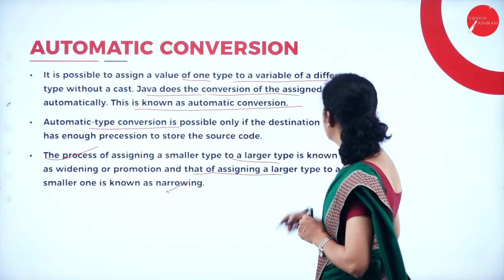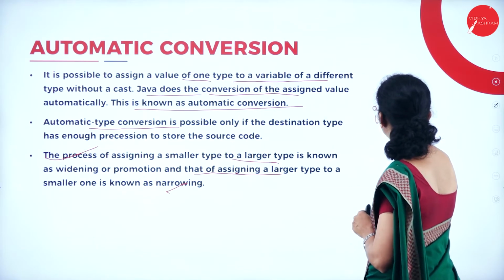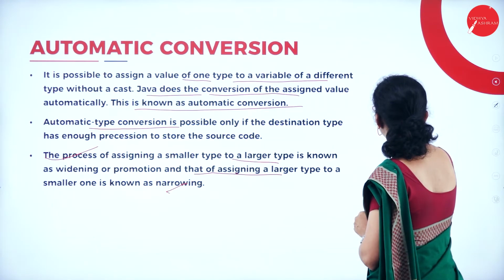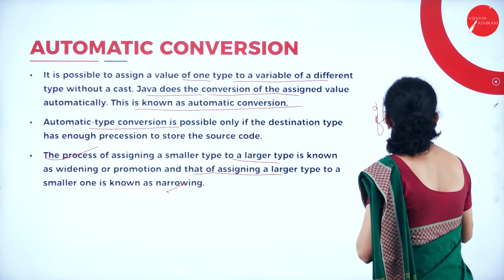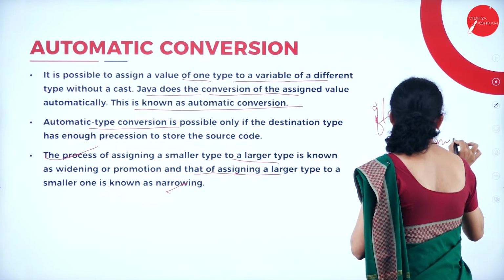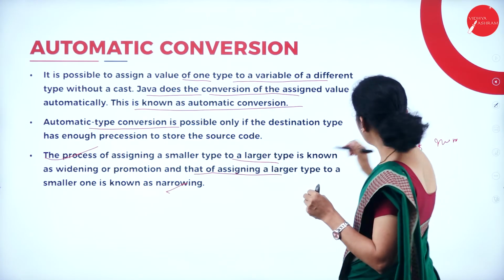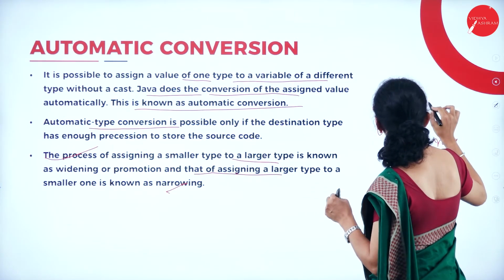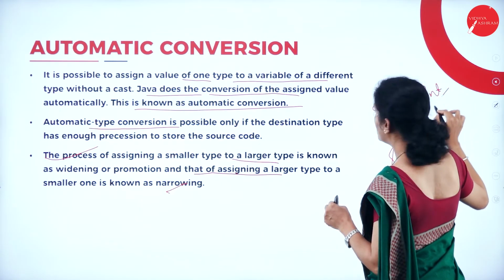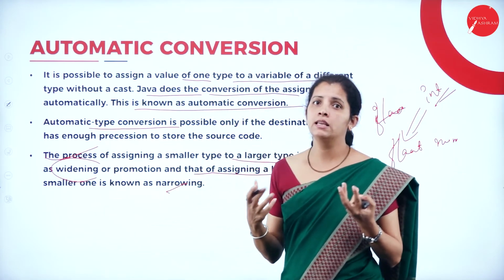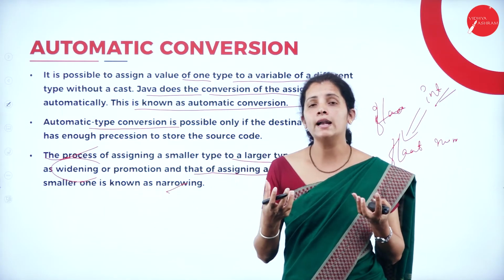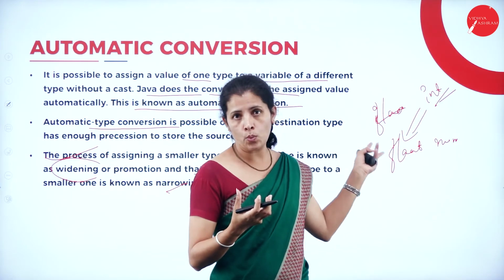For example, think that I'm having a float data type. Now for the float, if I'm assigning an integer data type, this kind of conversion is called widening. So I have the larger space, and for that I'm assigning a smaller value.